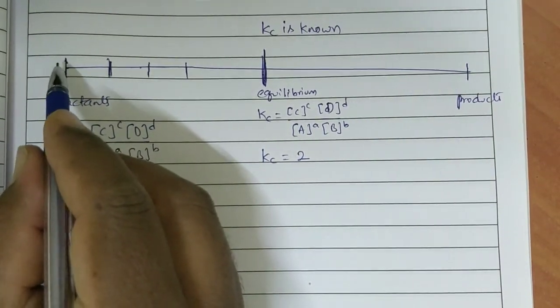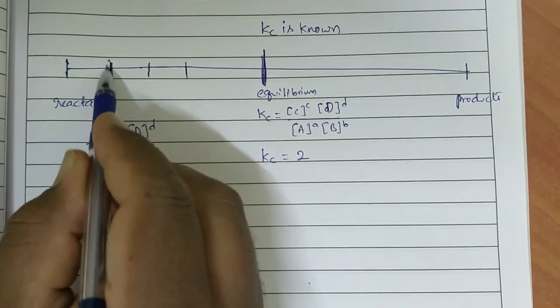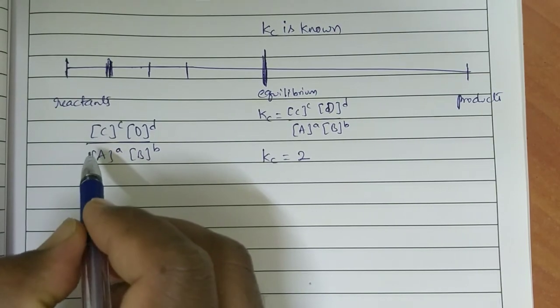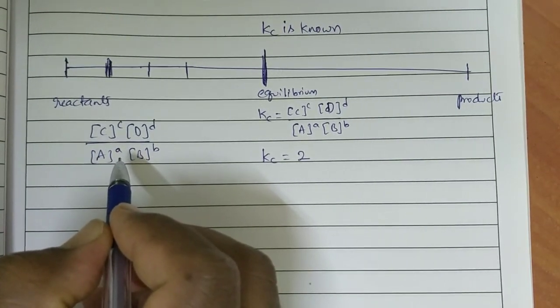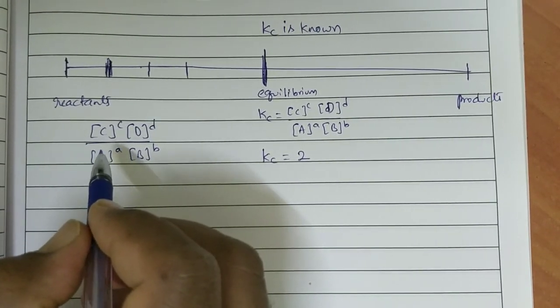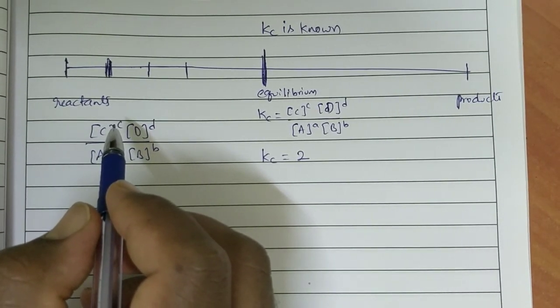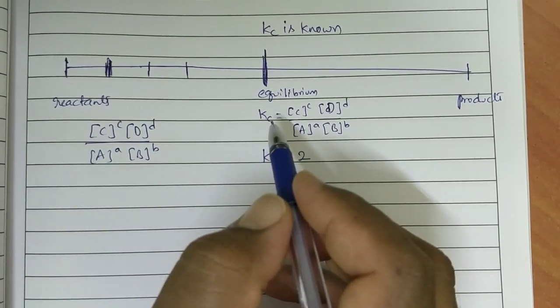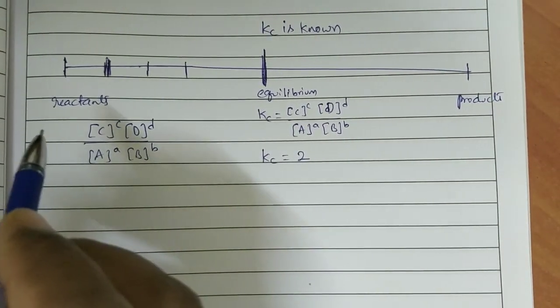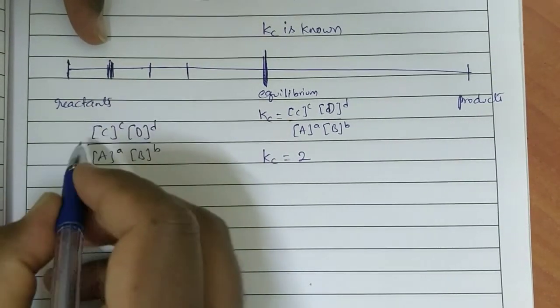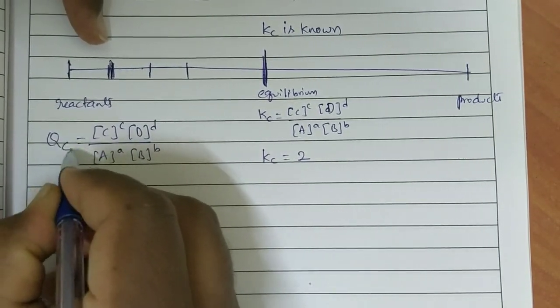At this point of time we did not get equilibrium, meaning concentrations of A and B will be high, and concentrations of C and D will be low when compared to the equilibrium point. Now when we apply this formula at another point, not at equilibrium, that is called the reaction quotient.